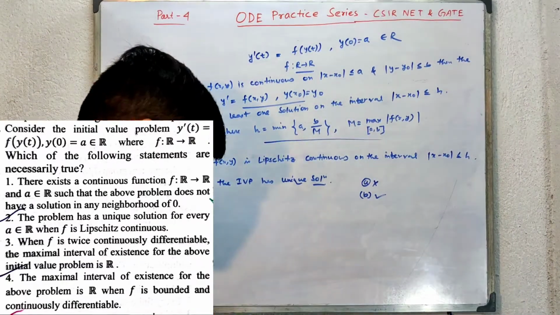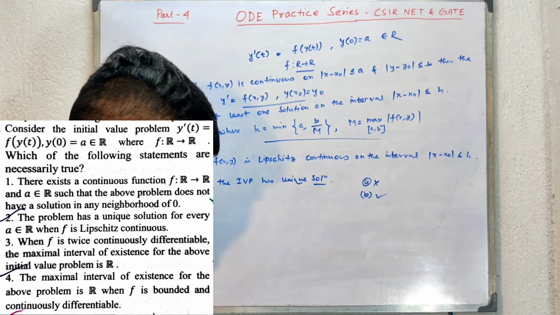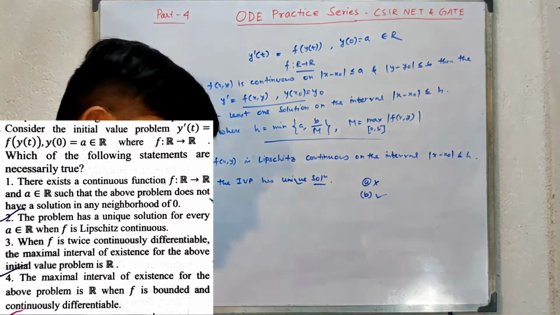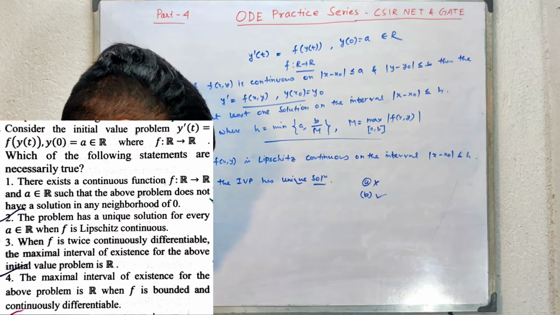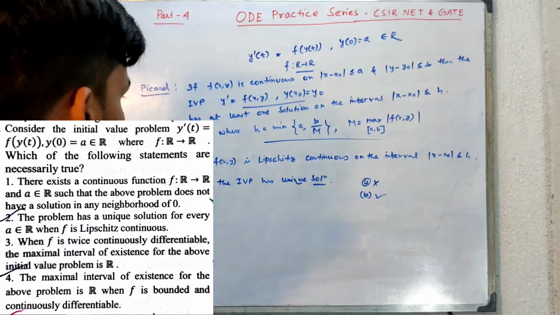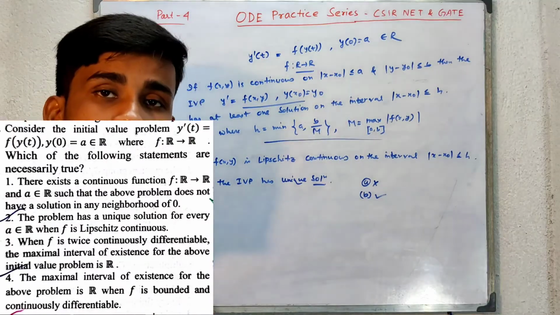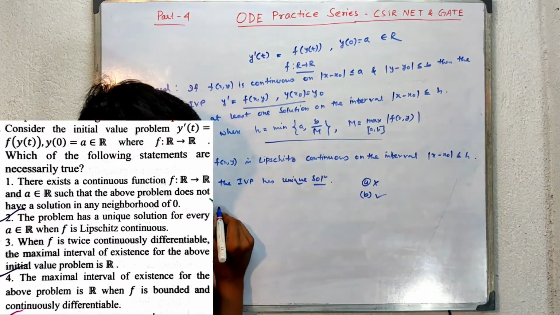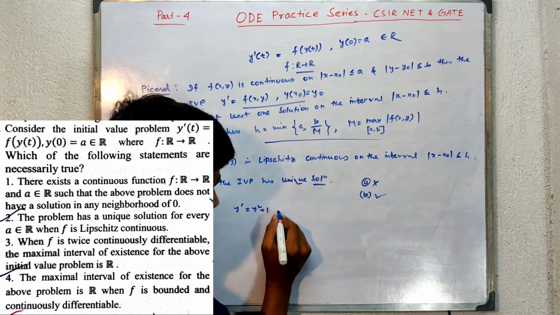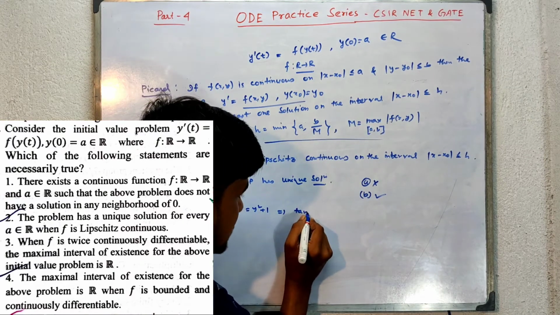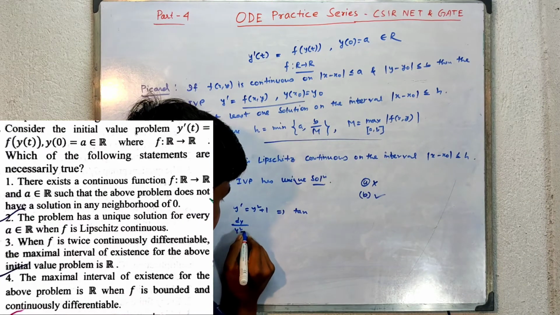The next option says that when f is twice continuously differentiable, then the maximal interval of existence for the above initial value problem is R. It is not necessary that all the time the maximal interval will be R. For example, if we take y' = y^2 + 1, then dy/(y^2 + 1) = dt.